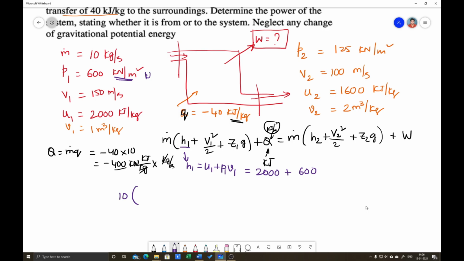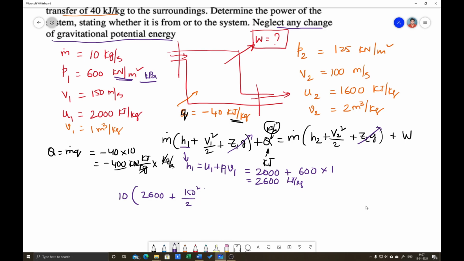So here it is given in kilopascals, which is sufficient for our substitution. 600 into v1 is 1, so it will become 2600 kilojoule per kg. 2600 plus v1 is 150 square by 2 plus z1 g. z1 is not given, and also it is given that neglect any change of gravitational potential, so this is not required.